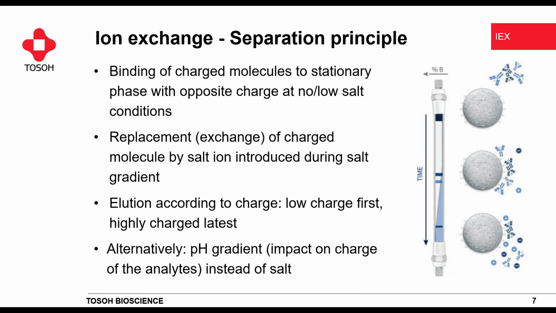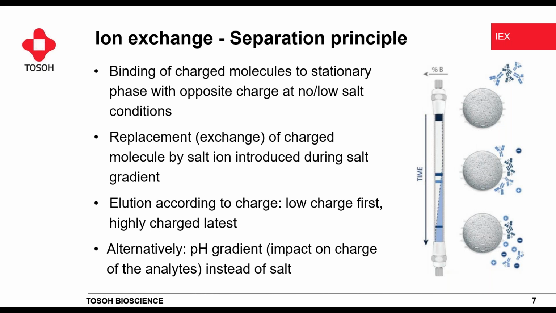And the molecules that interact with the stationary phase are then eluted with a salt gradient. Of course, you increase the amount of salt that you add, and the charged molecules on the stationary phase are exchanged by salt ions. The elution pattern is according to the charge of the molecules: low charged molecules elute first and are followed by higher charged molecules.